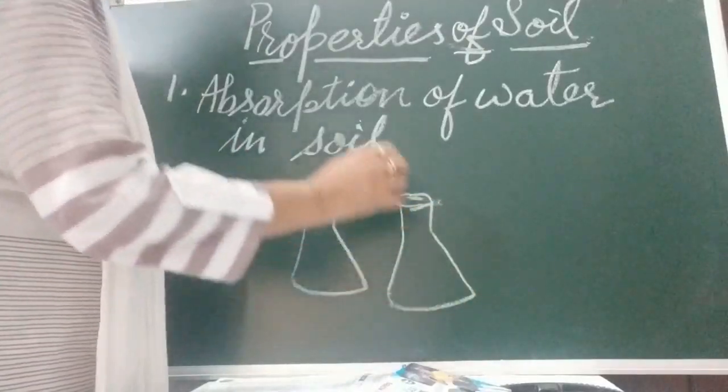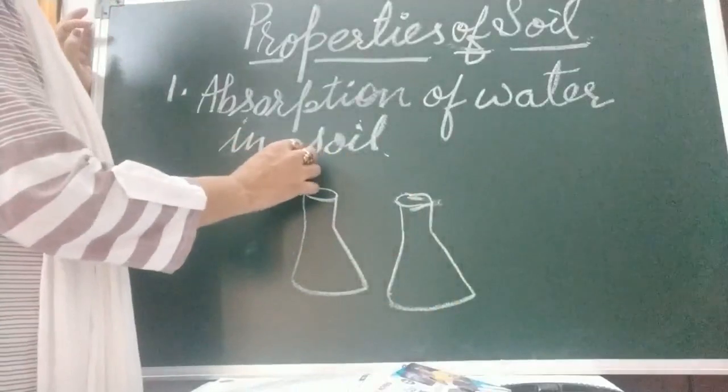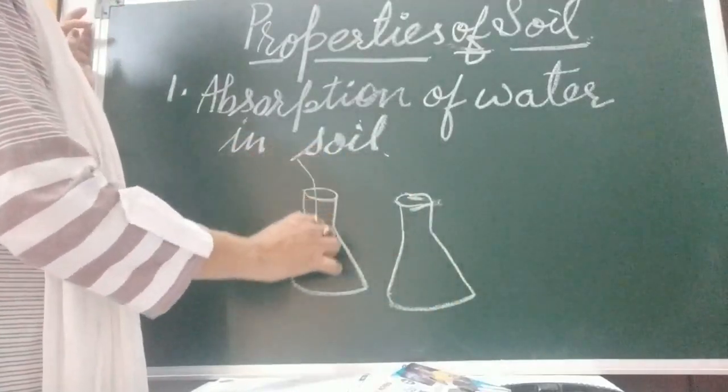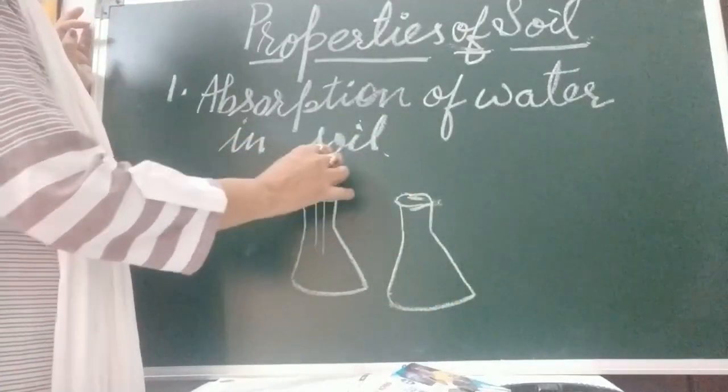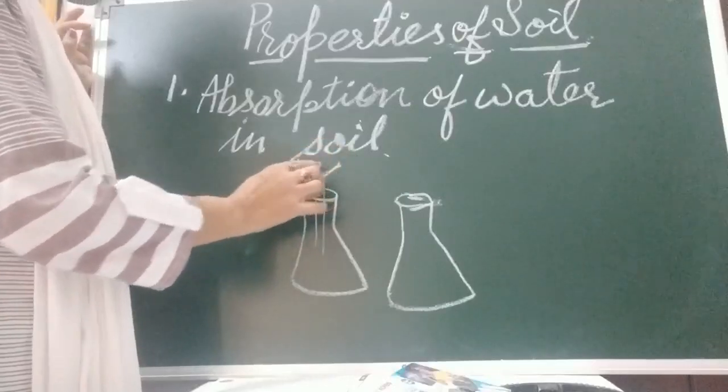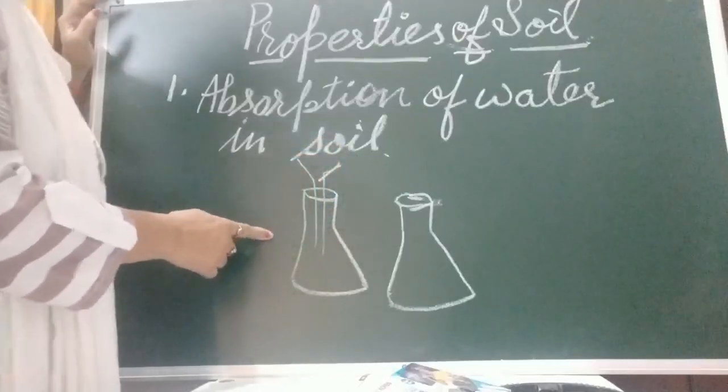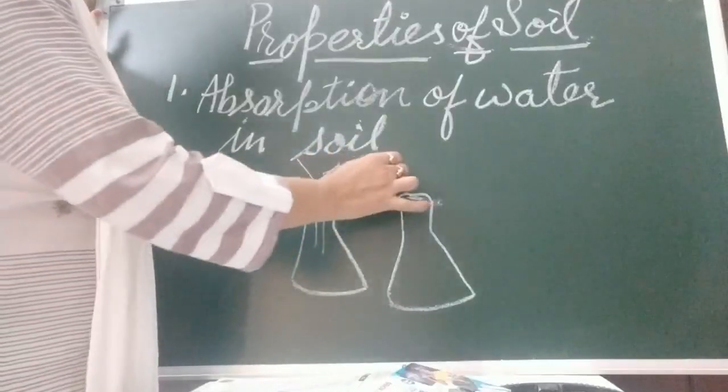And we will take two funnels. We will put the funnel in this. Place the funnels over the conical flasks as shown here.